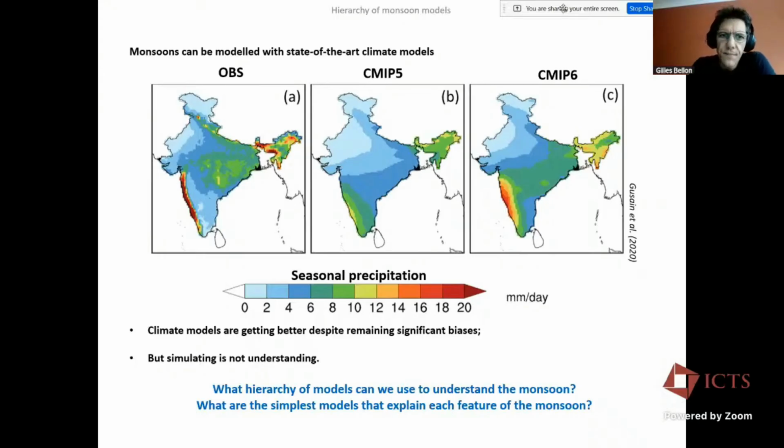You can see that those models are getting better. I would say they're starting to be fairly good at simulating the monsoon, even if the patterns are not exactly as observed. They tend to be a little smoother and less intense than what we can see in the observations. But overall, they are doing a fair job, and they are getting better.